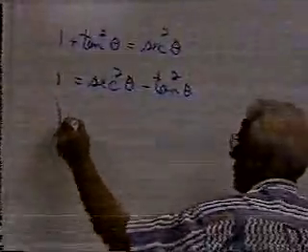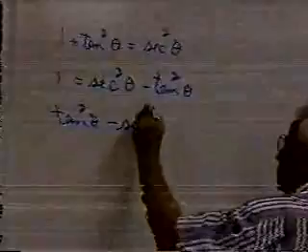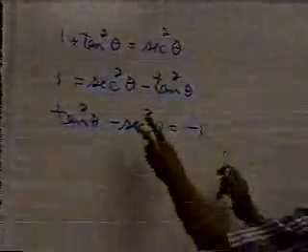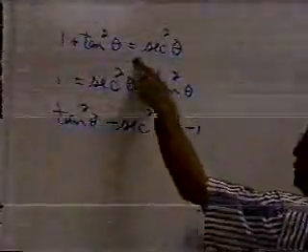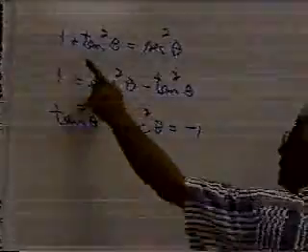Or tangent squared minus secant squared is equal to a minus 1. Now, the way I get these is by moving them across. If I move this across, it becomes the minus, and then I move the 1 across over here, it becomes a minus 1. Back up here, if I move this across, it becomes minus tangent squared, and it leaves the 1 over there.